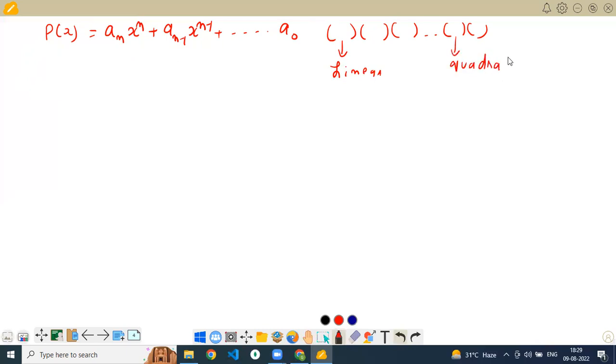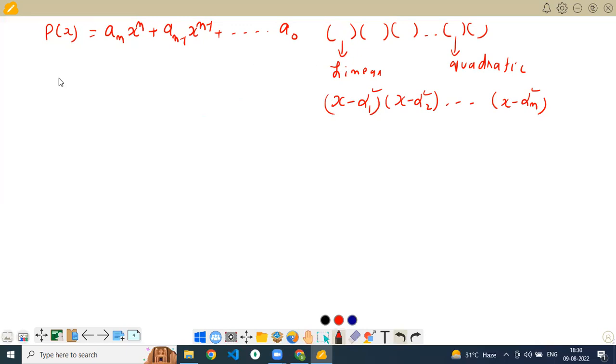What this means is, I said yesterday that a polynomial can always be factorized into (x minus alpha 1), (x minus alpha 2), (x minus alpha 3), ... (x minus alpha n) into linear factors. But we are not guaranteed that these alpha 1, alpha 2, alpha n are real numbers. They can be complex numbers.